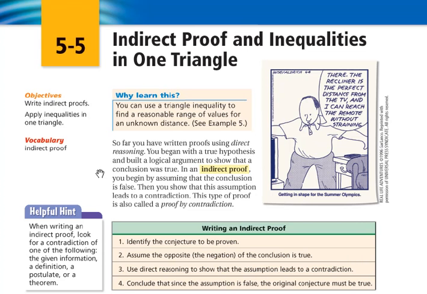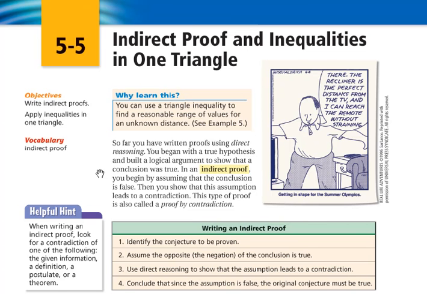So in other words, we assume that what we're trying to show is false, and then we try to prove that, but there's a direct contradiction to that, and therefore the false conclusion cannot be true.